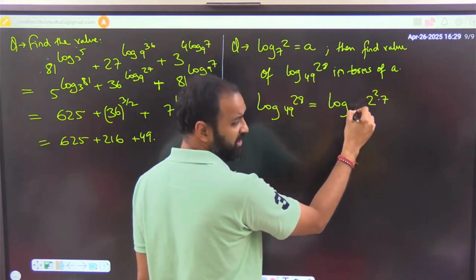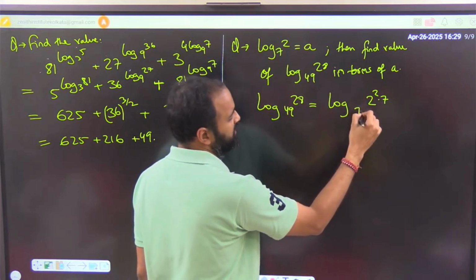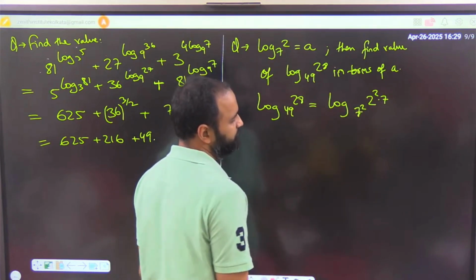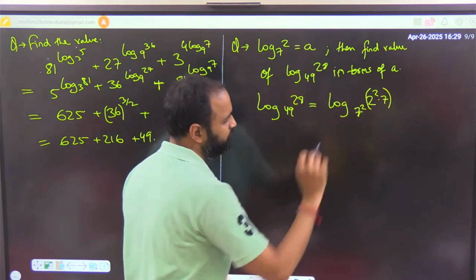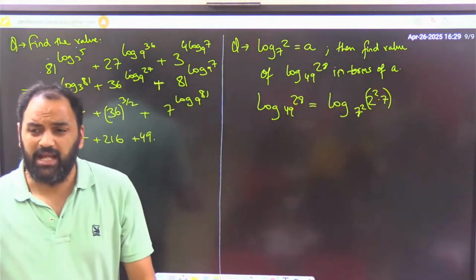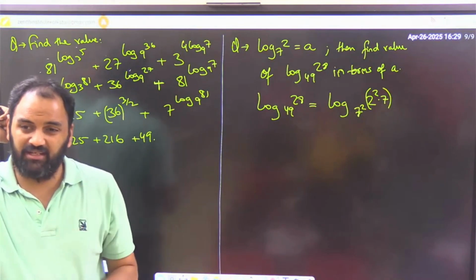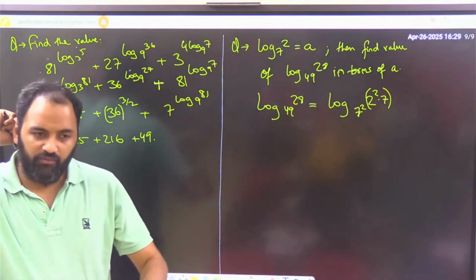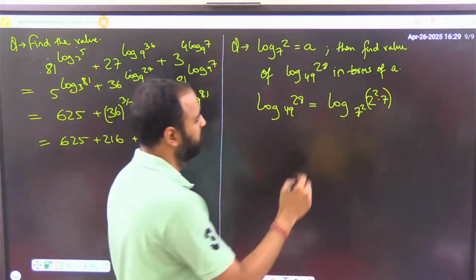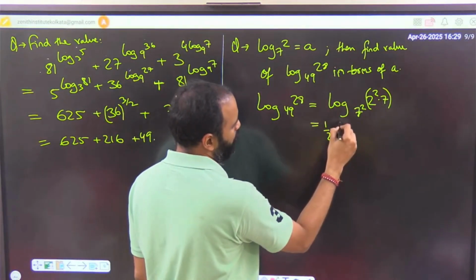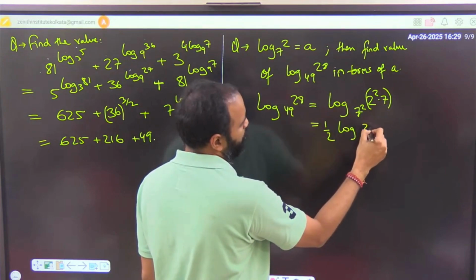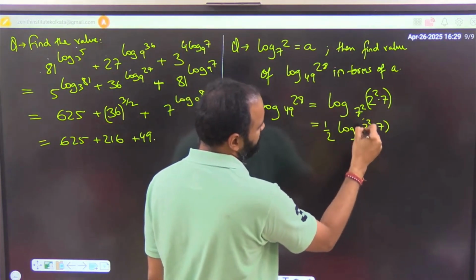And what can we do with 49? 7 square. Now what happens with the square on 7? It will come out in the denominator. So I have half of log of 2 square into 7.